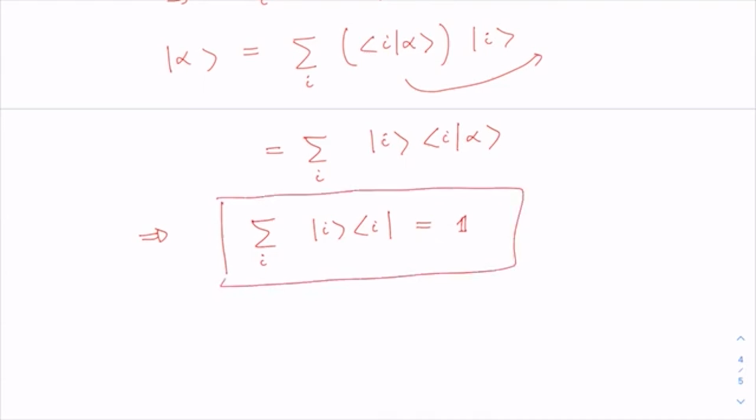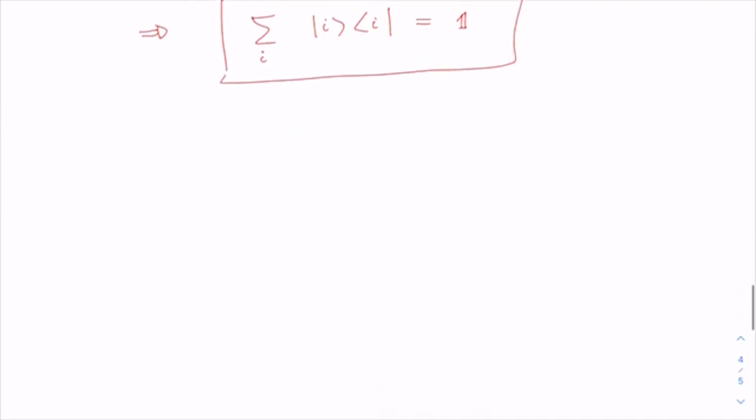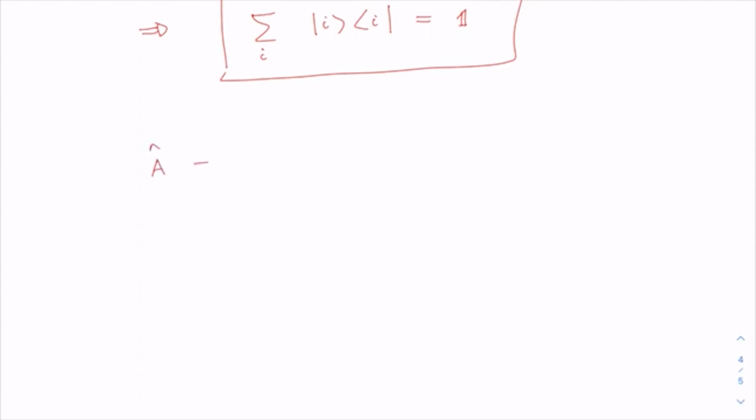You can see the utility of the completeness condition when we try to represent an operator in the matrix form. Say we have this operator A, then I can multiply both sides of this operator by an identity.